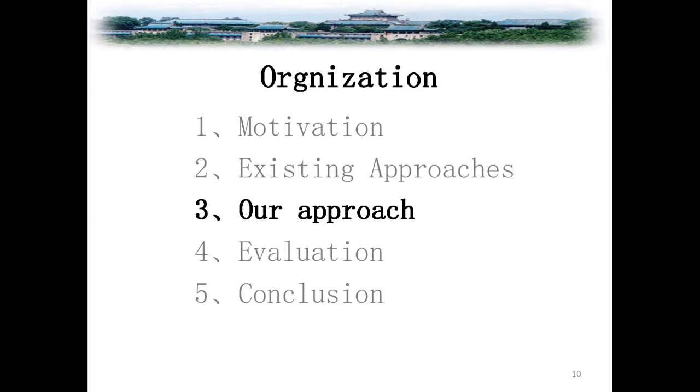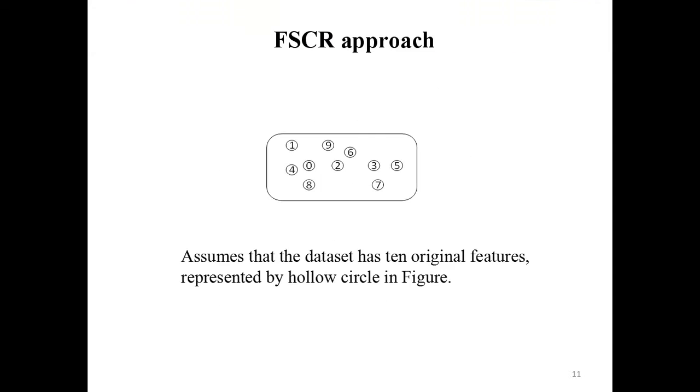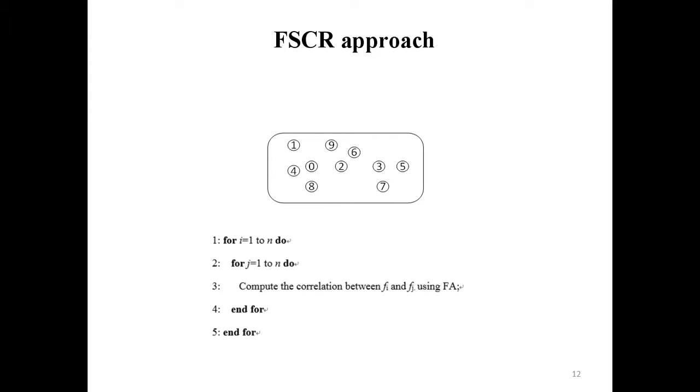Then we talk about our approach, FSCR. In this section, we present our FSCR method for the number of faults prediction. Assume that the dataset has 10 original features, represented by hollow circles in the figure. First, we compute the correlation between every two features.